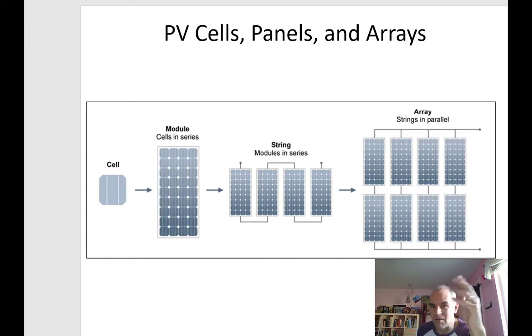Putting them in series will cause those 0.6 volt drops across each one to add up. So you get 1.2, 1.8, 2.4, 12 volts, 24 volts. However many you put in series is the voltage you'll get. And if you want to increase the current that your solar cells will provide, then you put them in parallel. So you do a combination of series and parallel on these solar cells to get whatever voltage you're looking for.